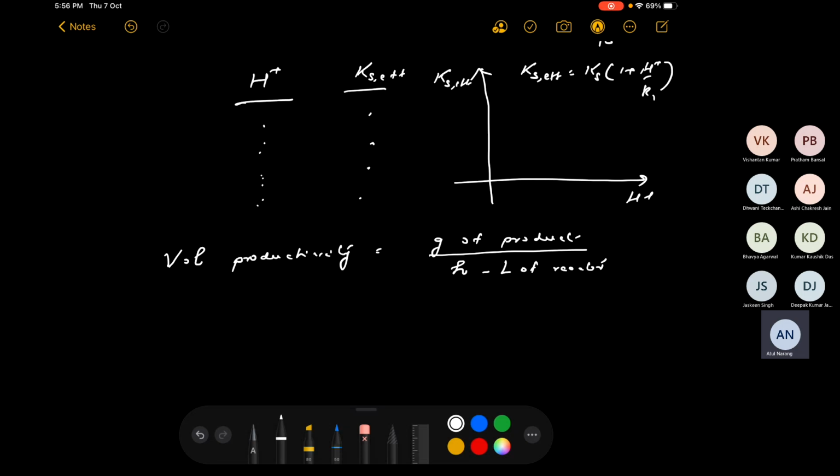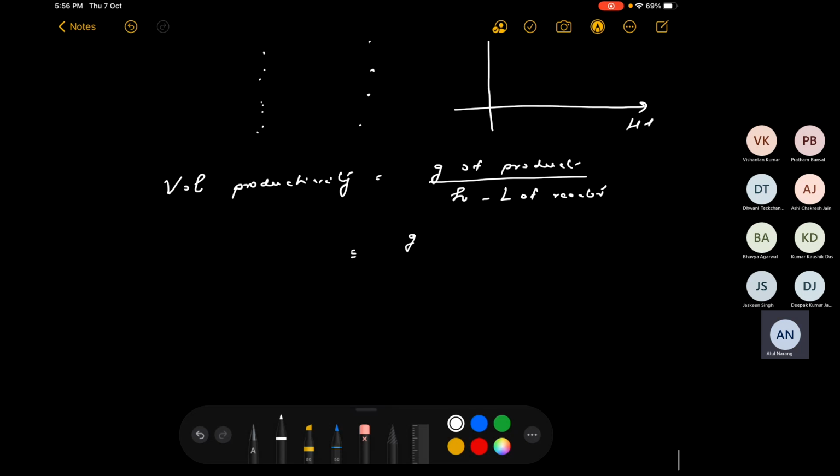And it is not difficult to see that this is equal to grams of product produced per hour, not per liter, but per gram dry weight of biomass, multiplied by the grams dry weight of biomass that you have per liter.